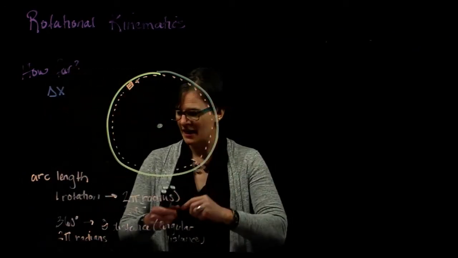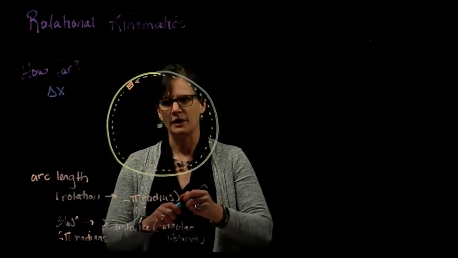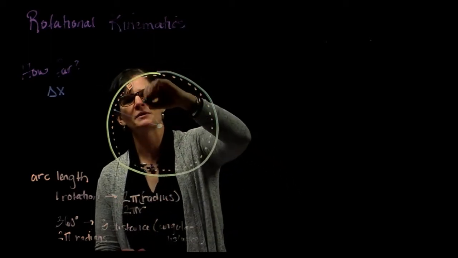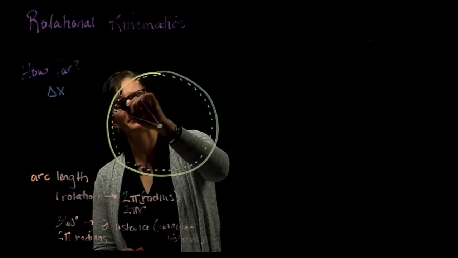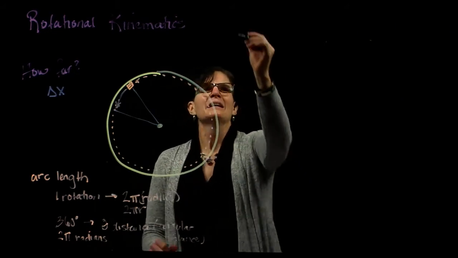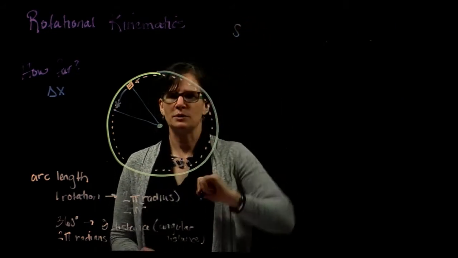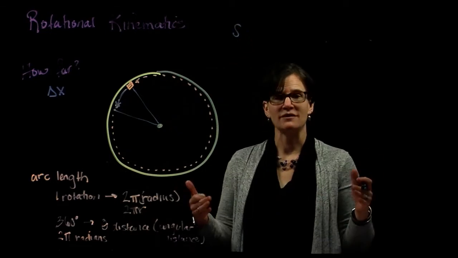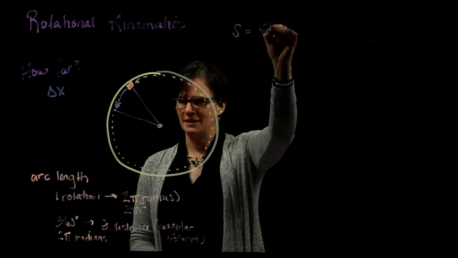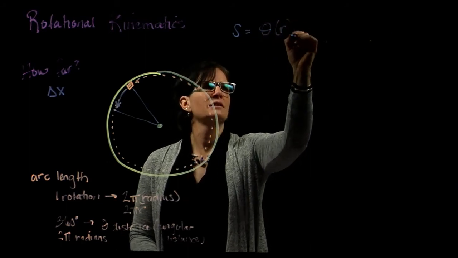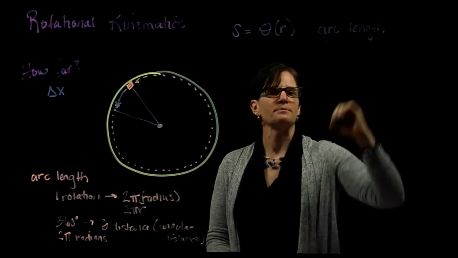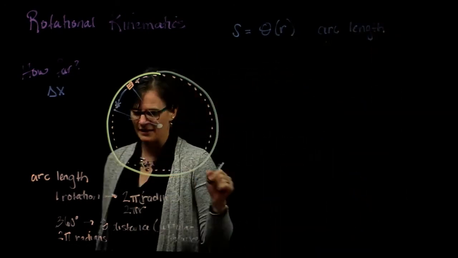And we find that the arc length, if I only wanted to do part of the circle, and a little back to our geometry, this is where the arc length equation comes from. So if it only travels that distance, the length it travels, we're going to use the variable s, s is equal to the angle in radians times the radius. This is our arc length relationship, geometrically, what the arc length is.